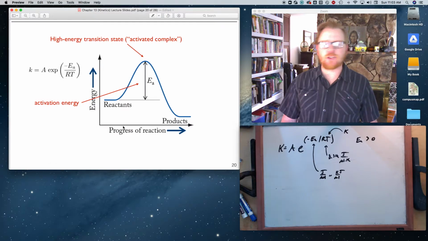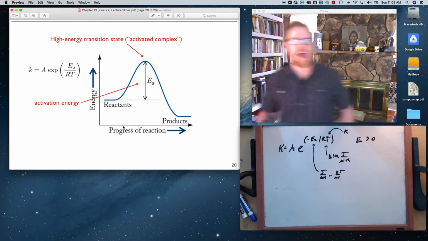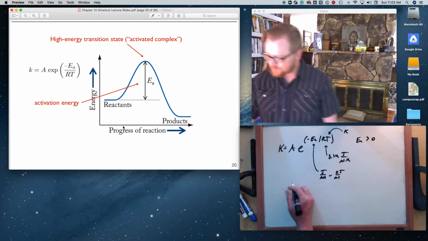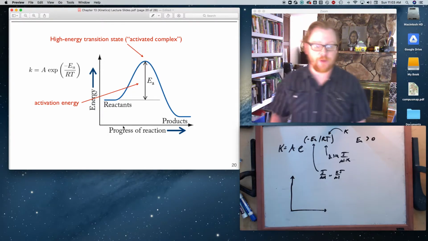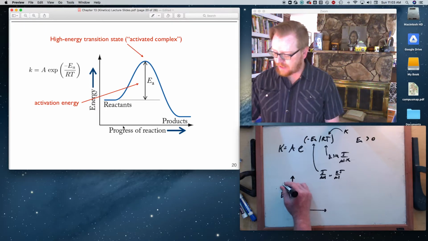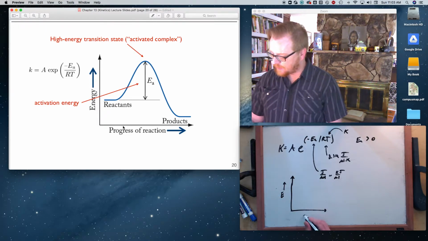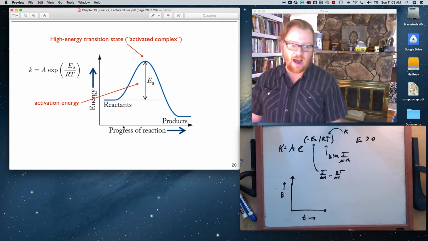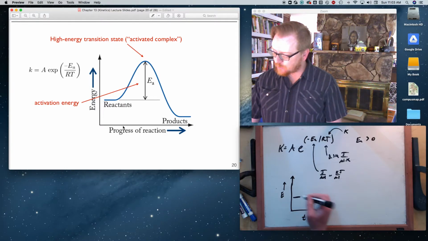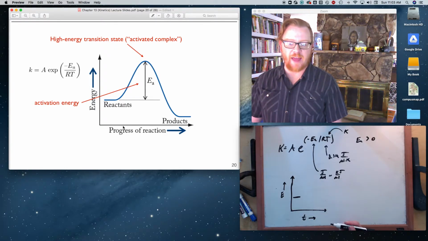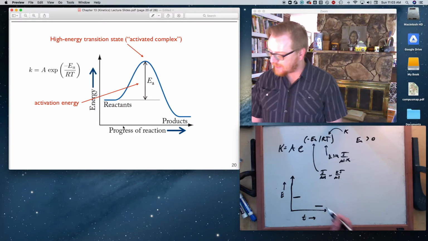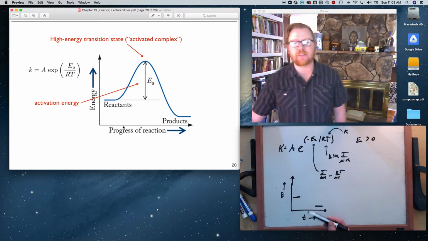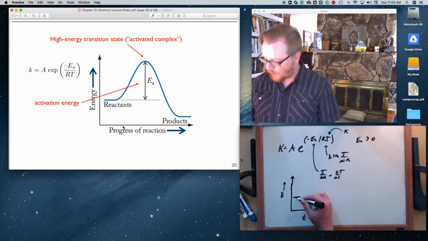So this is a pictorial example of what the activation energy looks like. I'll just redraw this same graph here that's on the notes. If this is energy going up, and this is the reaction progress, let's say time. If we're starting at reactants right here, they have a certain amount of energy, and we end at products here, you can see that this reaction would be overall exothermic, right?